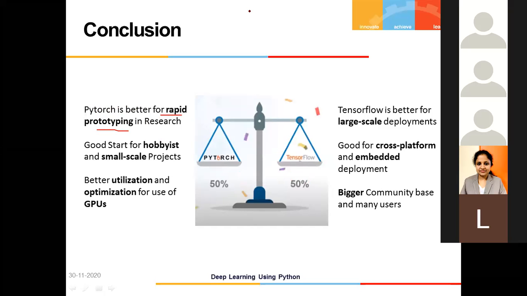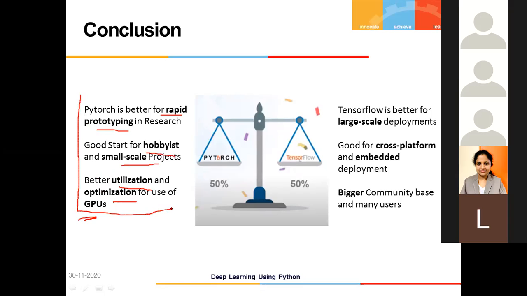So you can use PyTorch, and PyTorch goes well with Colab. So you need not install anything in your laptop. Online itself you can do all the things, right? That is one thing. And this is a good start for hobbyists and small scale projects. PyTorch is good, and you have better utilization and optimization by using GPUs. That is the major advantage of PyTorch.